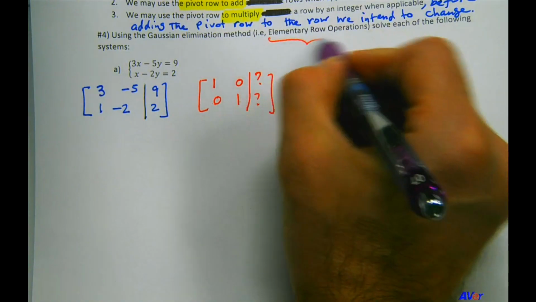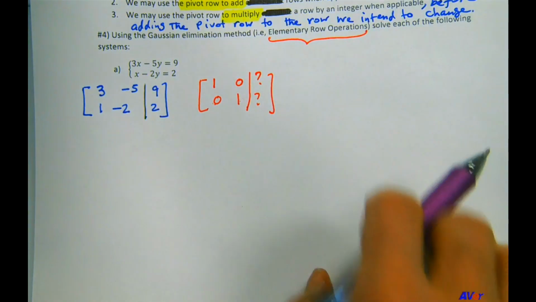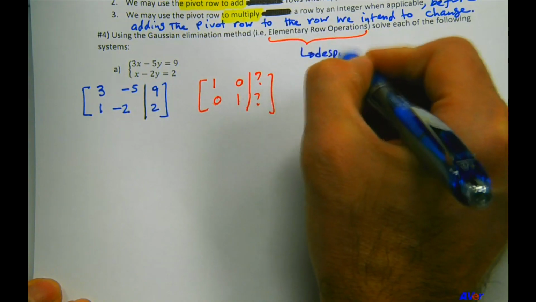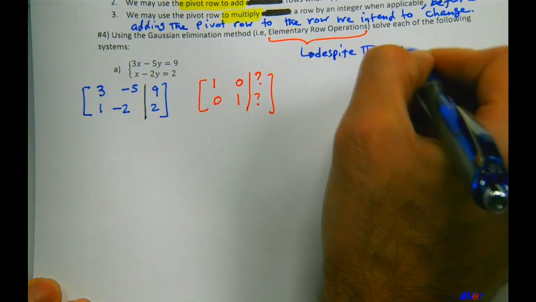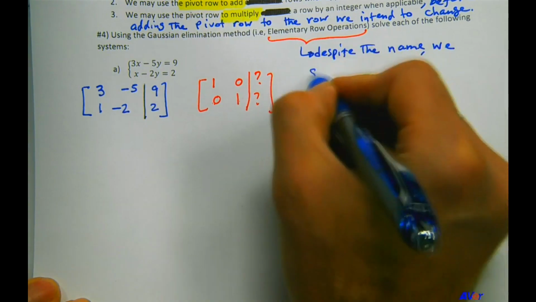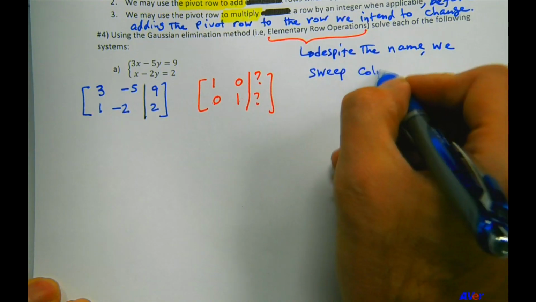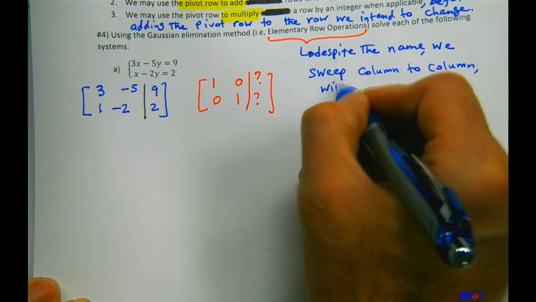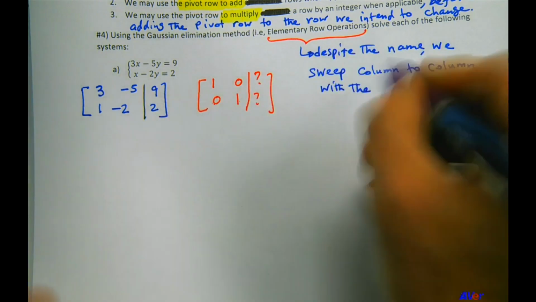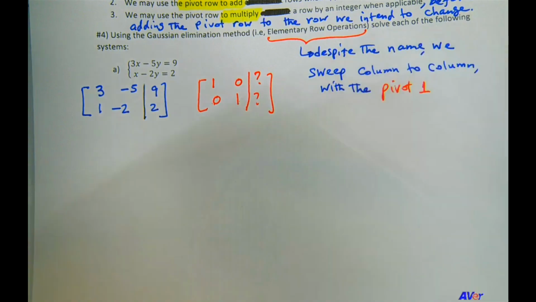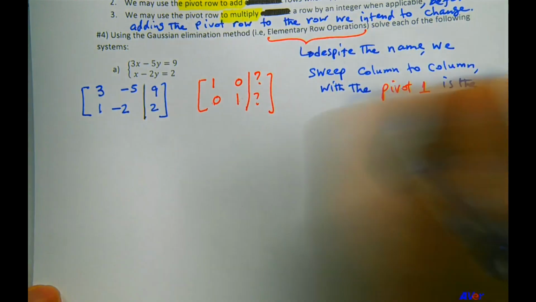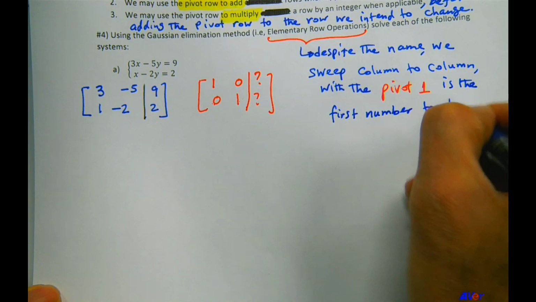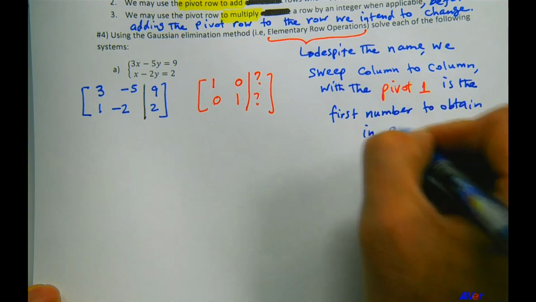So despite the fact that we call it elementary row operations, despite the name, we sweep column to column with the pivot 1 as the first number to obtain in each column.